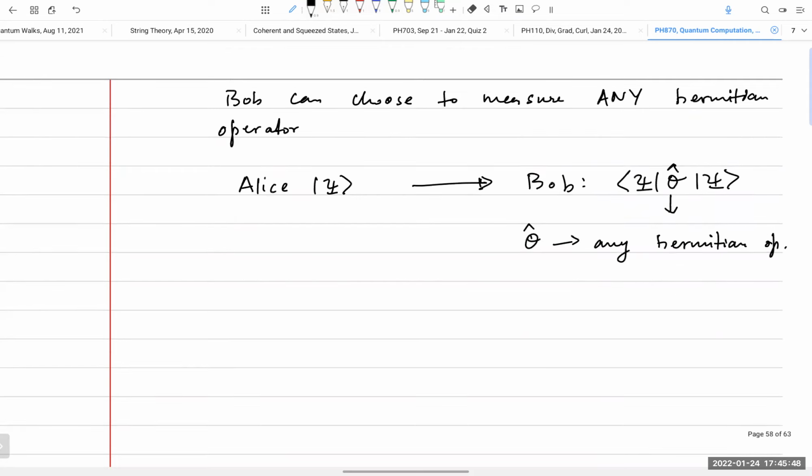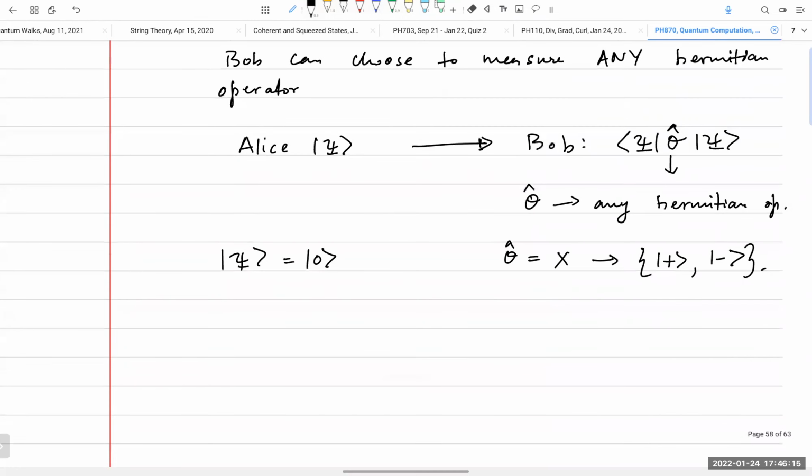So for instance, if Alice sends the 0 state, and Bob chooses to measure the X operator. What are the eigenstates of the X operator? The eigenstates of the X operator are plus and minus. So what will be the result of this measurement?